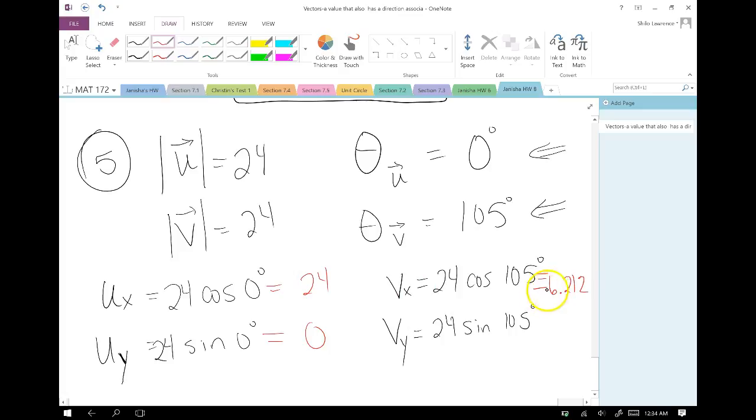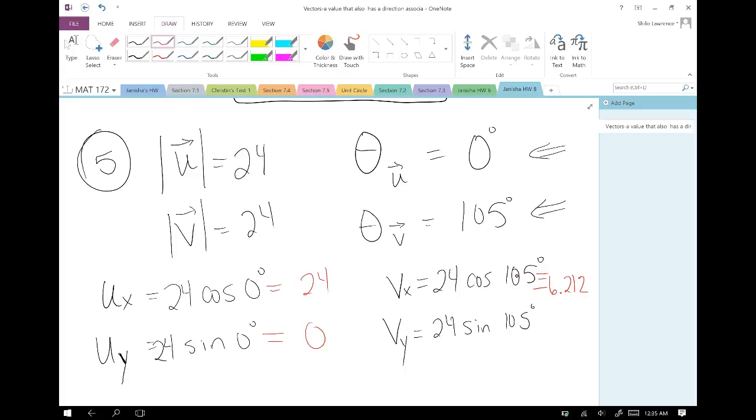The x value is coming out negative because 105 degrees is in the second quadrant. To get there, I have to move left to get to the second quadrant. Moving left to get to the second quadrant is a negative x value.